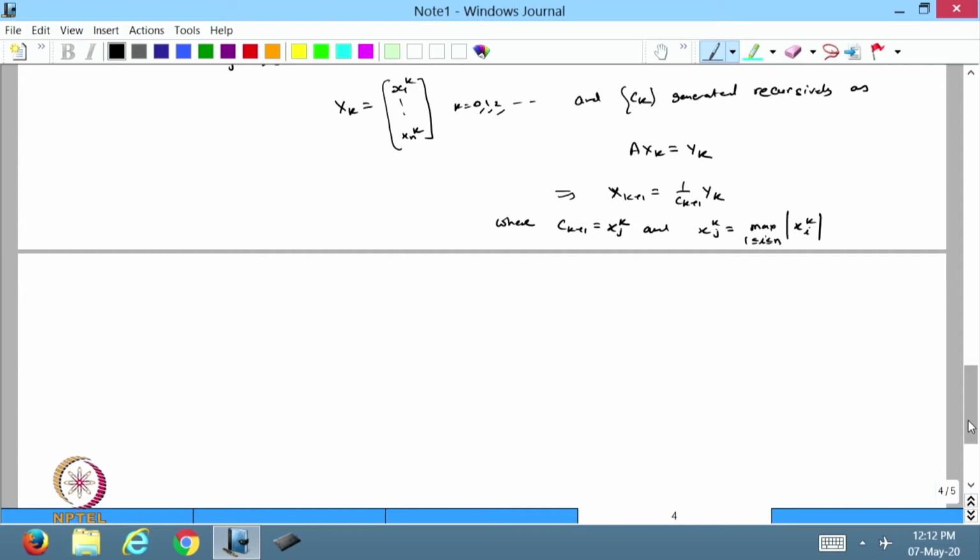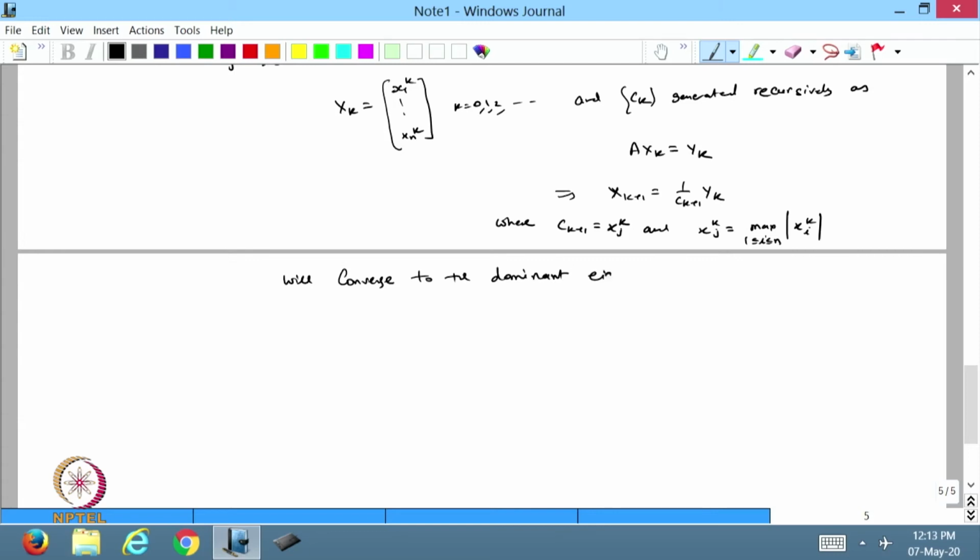Then the sequence will converge to the dominant eigenvalue, that is lambda 1, and eigenvector, that is x1, respectively.